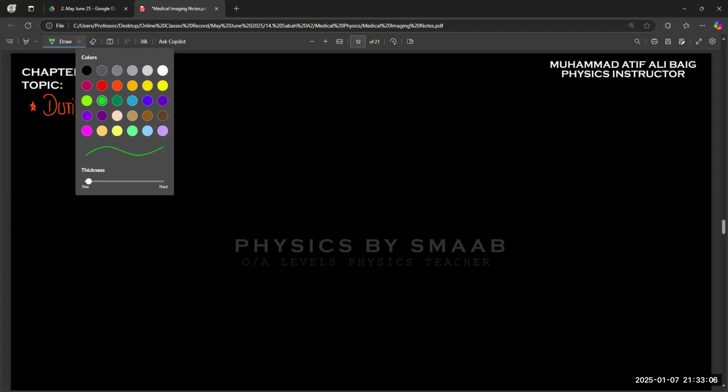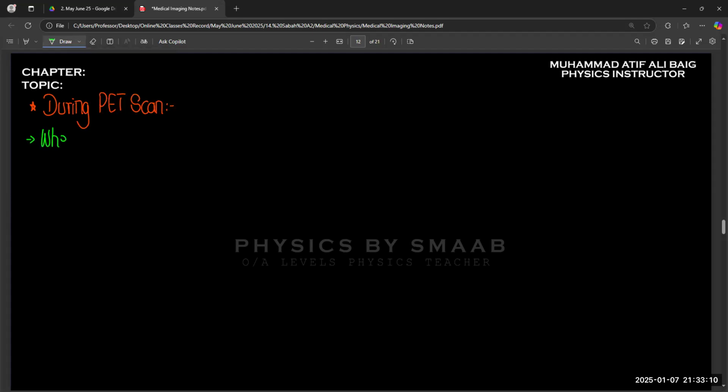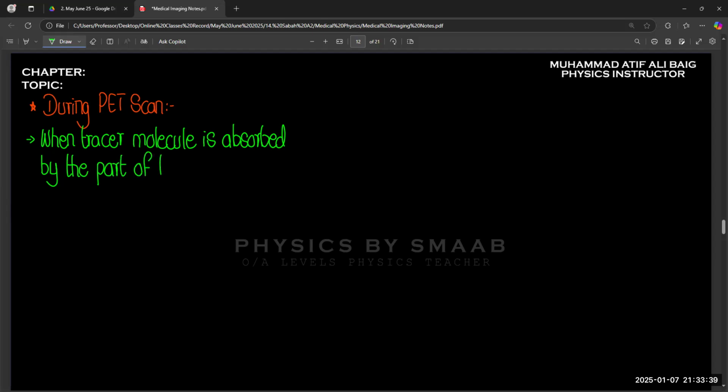For example, during a PET scan, the first step is when the tracer molecule is absorbed by the part of the brain that is to be analyzed.